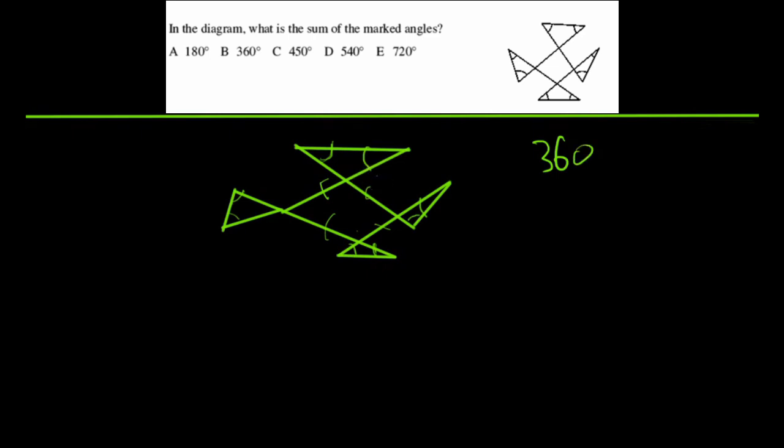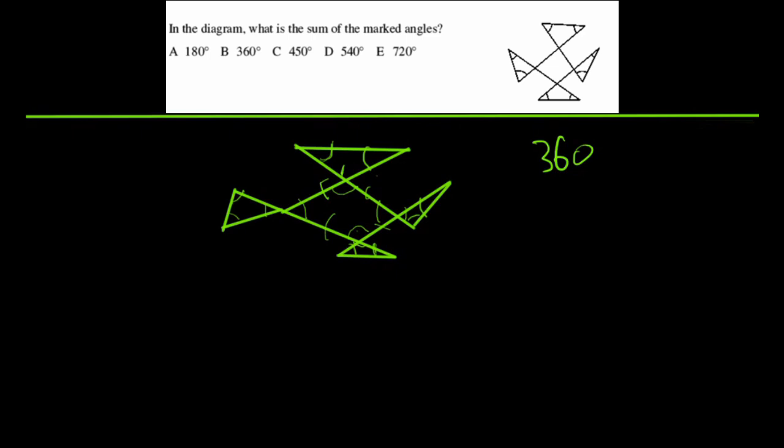Now, do you also agree that this angle here is equal to this angle here? And then we can do that for each triangle. So this angle here is equal to this angle here. And then finally, this angle here is equal to this angle. And that is obviously because they are vertically opposite each other.